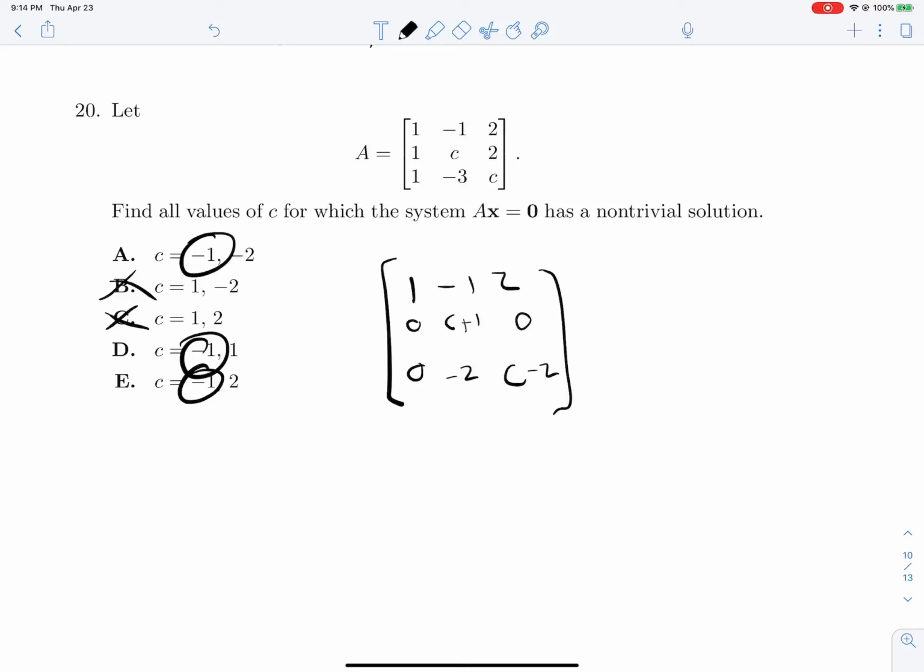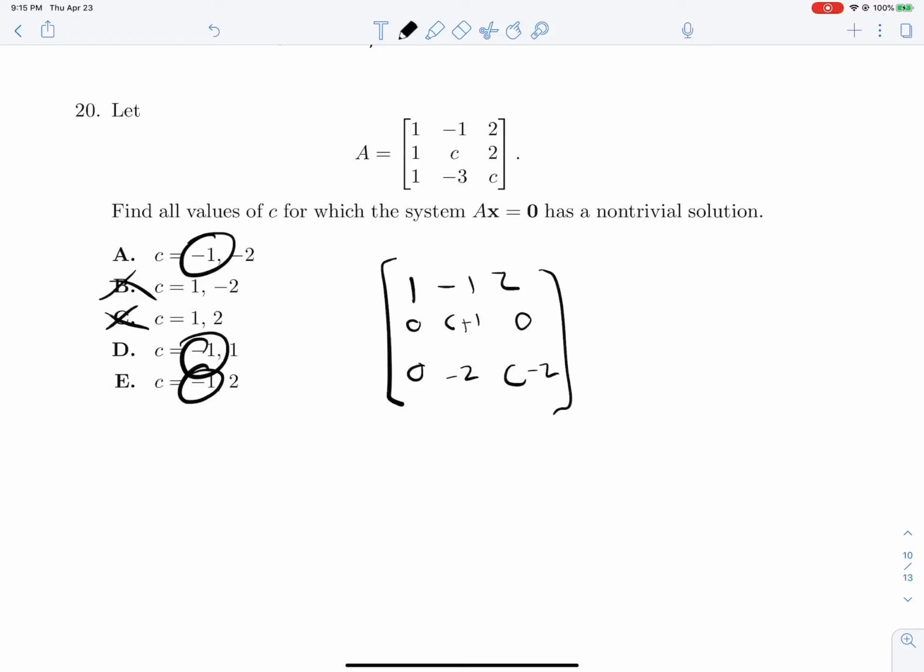Okay, great. Let's now subtract. No, that won't work. That won't work at all. Let's just go for something.